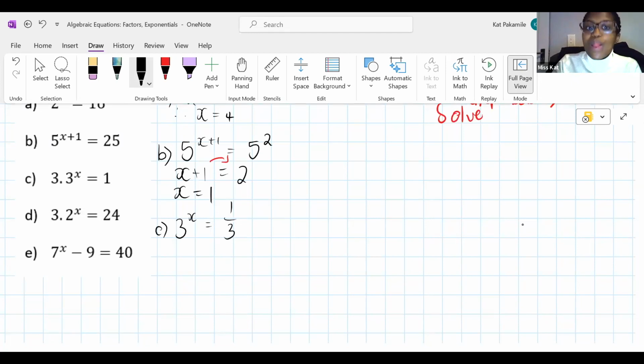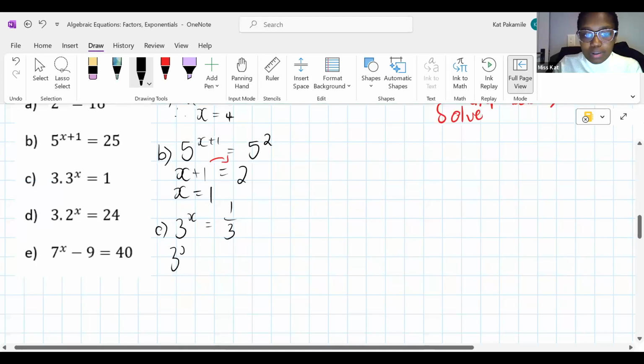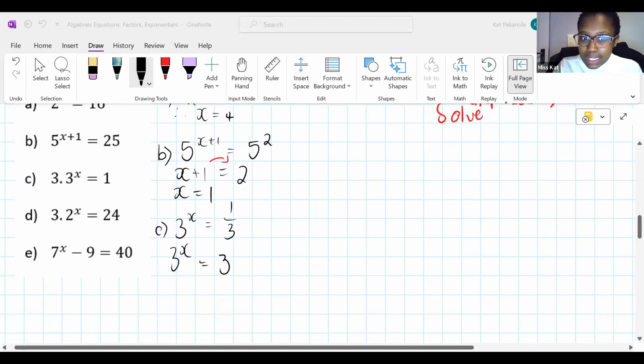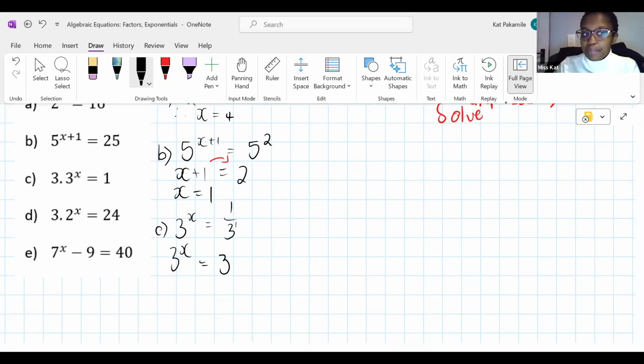Ma'am, yes, multiply by 3 over 1. Well, not multiply, but if you're going to do the reciprocal, then your exponent becomes what? It was positive, but you're doing the reciprocal.